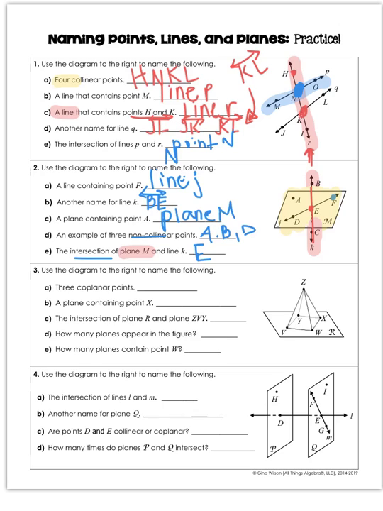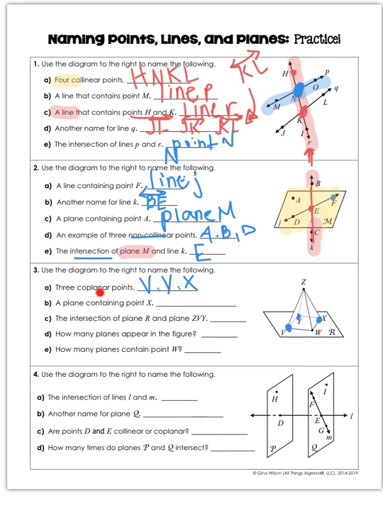Here's V. Y and X are all 3 points that are on this plane R. So those are 3 coplanar points, V, Y, and X.